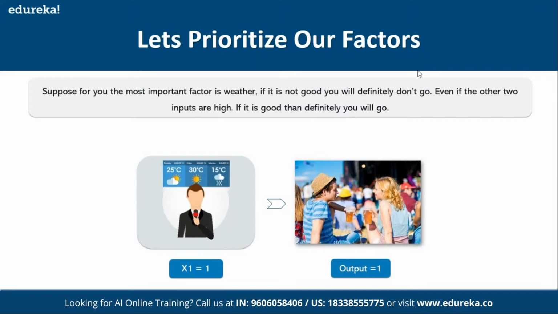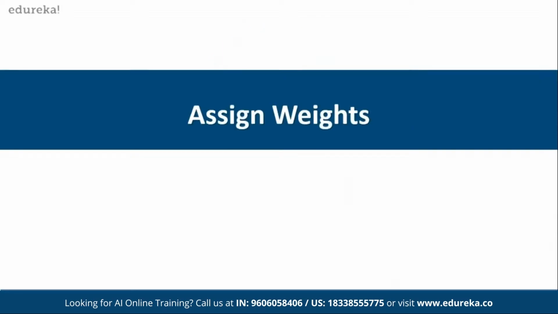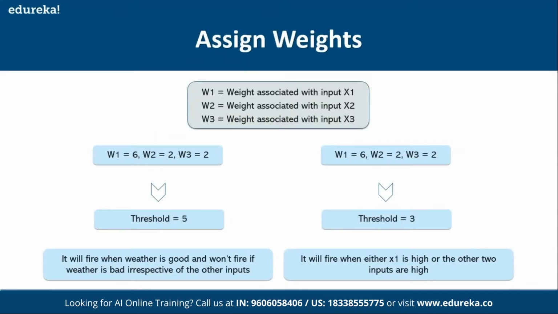Now if you see this, we have to assign the weights. We have 3 questions, right? The inputs are 3. Therefore, the weight for the first input will become W1, the weight for the second input will become W2, the weight for the third input becomes your W3. Let's assume we assign a weight for our first input, which is the weather, W1 equal to 6. The weight for our second input, the spouse accompanying, W2 is equal to 2.